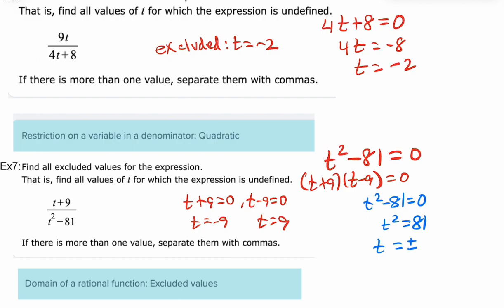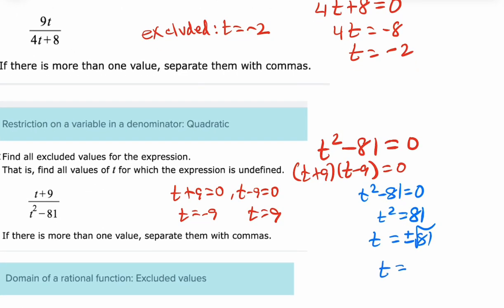Plus or minus. Here's why. The reason I like factorization is because you see the plus and minus that's just out there, it's showing. Here you can forget. So when you put that square root on there, don't forget, put a plus or minus. You still get plus and minus 9.